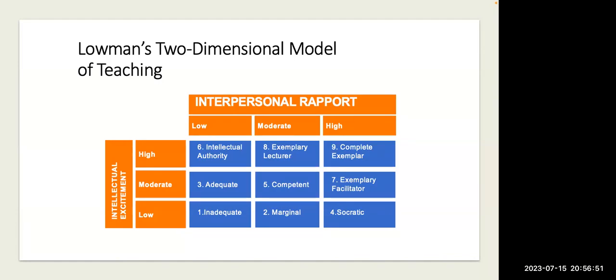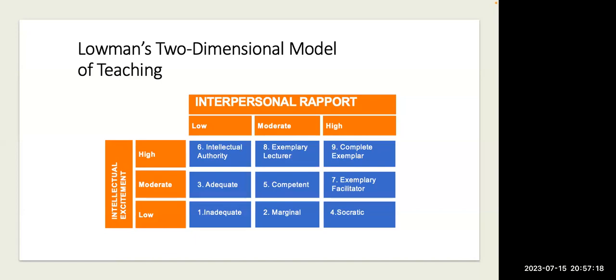We will do another evaluation for yourself next week. Now here, Joseph Lohmann created this matrix to evaluate where you are at this point in teaching. So let me go over this. You can see high, moderate, low on both dimensions.